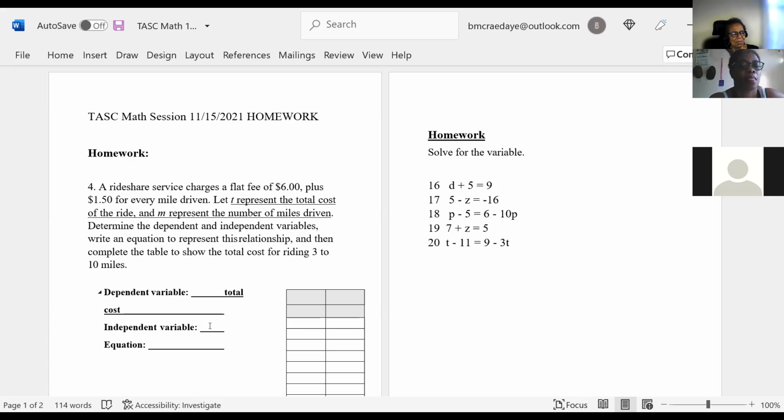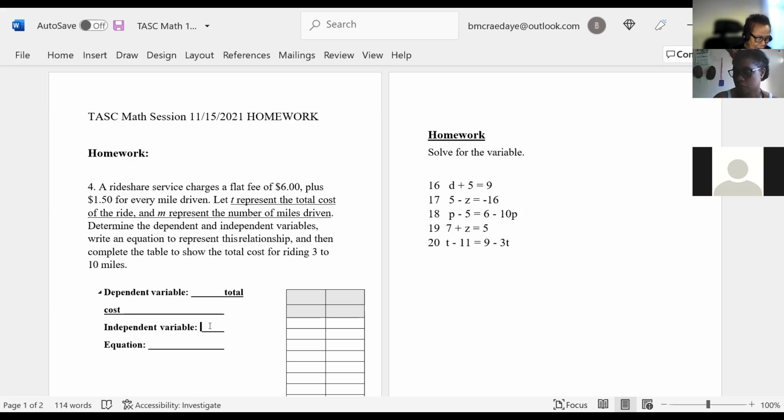What determines the total cost? The flat fee plus the $1.50 for every mile driven. So your independent variable is what? The number of miles.